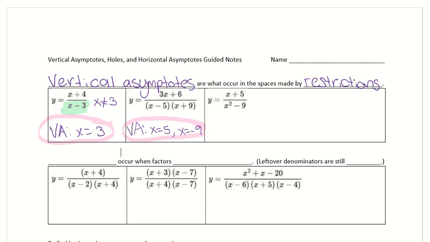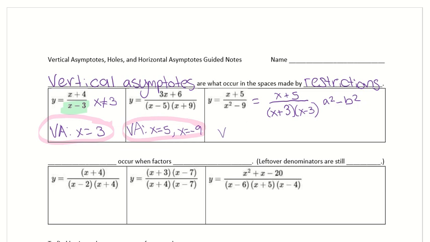For this last one, we have a little bit of factoring to do. We'll have x plus 5 on top, and then on the bottom, there's that difference of squares. That's that a squared minus b squared format. So we can factor this into x plus 3, x minus 3.